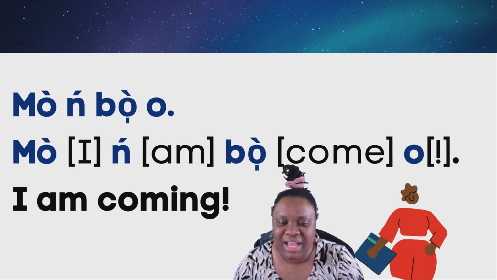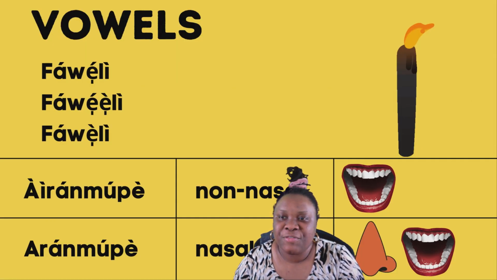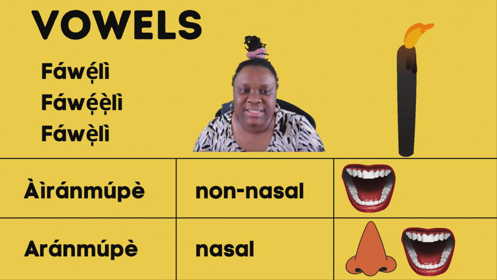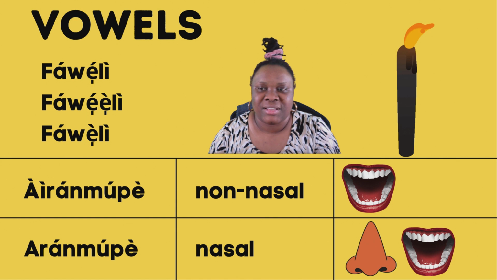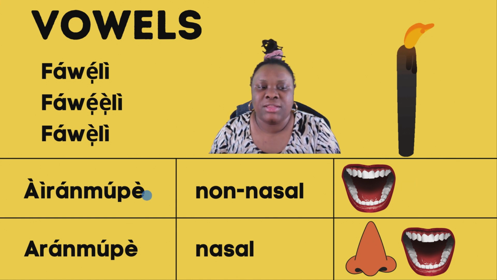Let's do vowels next. So for vowels, we have nasal and non-nasal vowels. The non-nasal vowels are àìránmúpè. They're non-nasal. What does àìránmúpè mean? I is a negation.